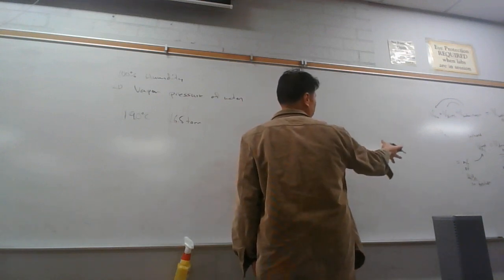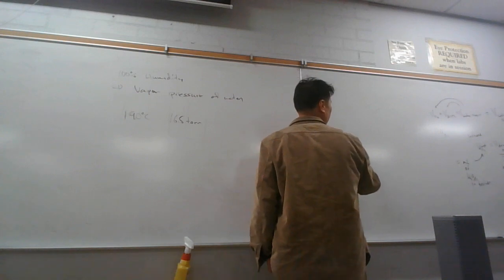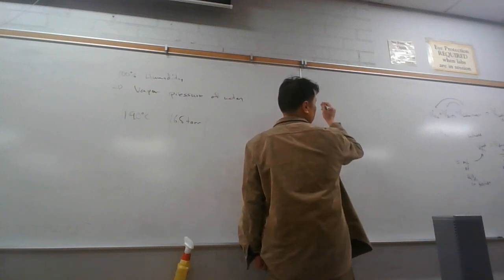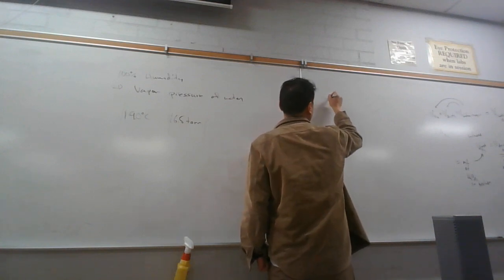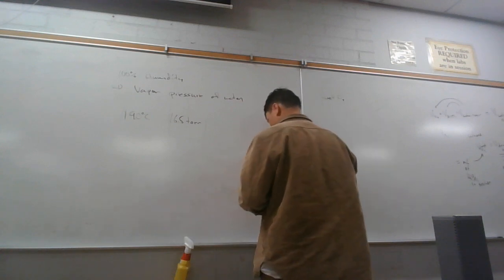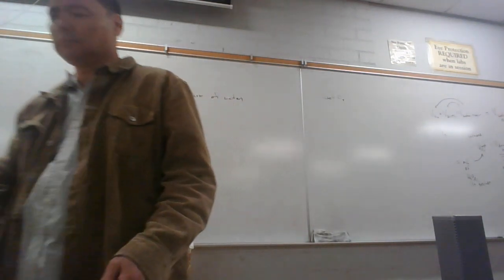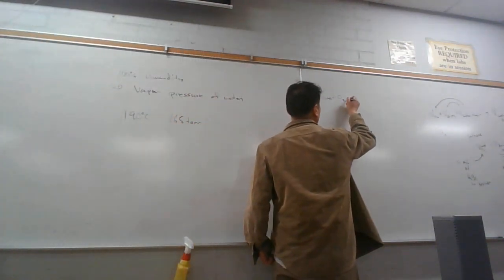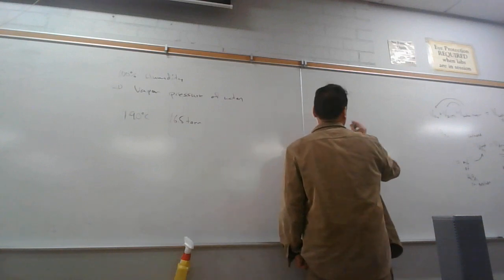So the first part of the experiment, we use Avogadro's law. For the second part of this experiment, we're going to use Dalton's law. With Dalton's law, the volume of wet O2 is going to have a pressure.